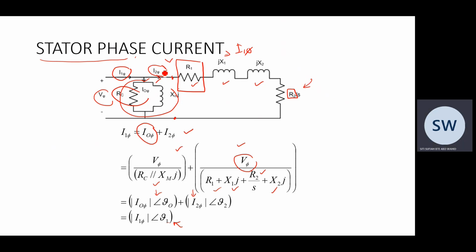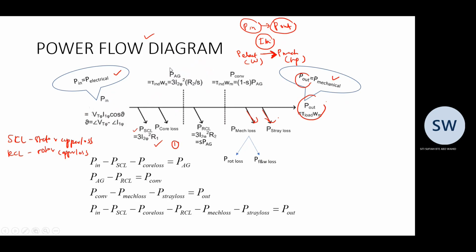Because the rotor is located at the output side, the current you will use to calculate the loss is also I2 phase. So the formula is I2 phase squared times R2.